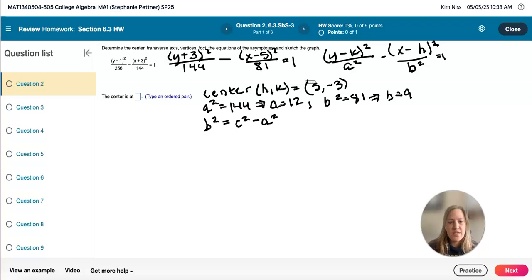So we have 81 equals c² minus 144. When you add 144 to the other side to isolate c², you get 225. Taking the square root of both sides, we end up with c equals 15.